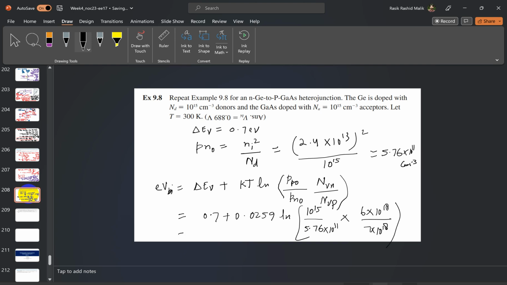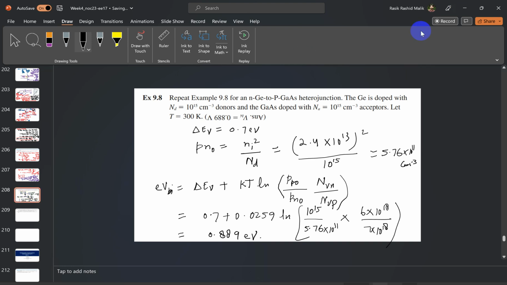So if we now calculate it, it is coming out to be the same, 0.889 electron volt.